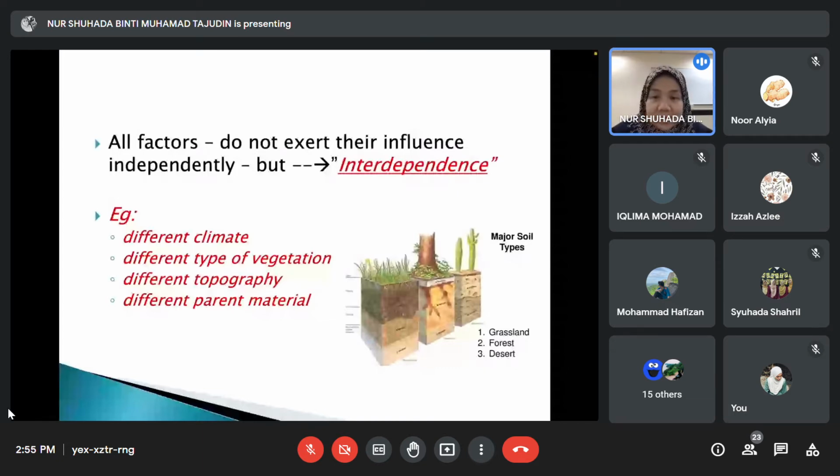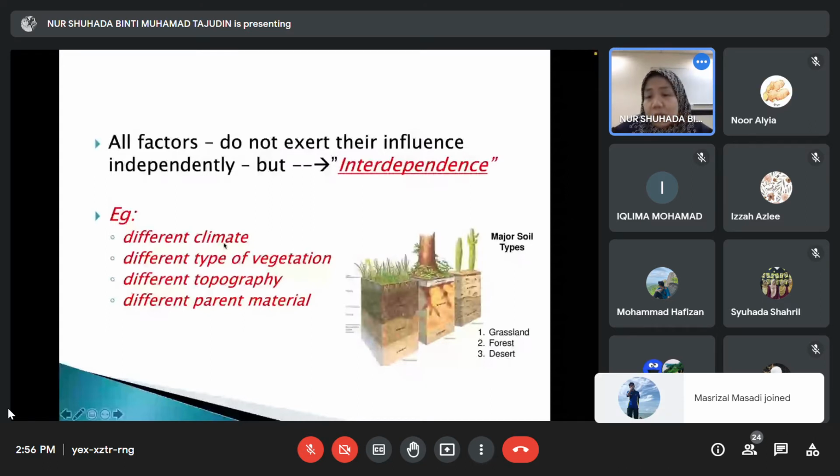As you can see here from the picture, what I want to say here is different types of organism, which is the plant, is affecting other formations of the soil, but not only that, but also the climate, the vegetation, topography and also the parent materials.